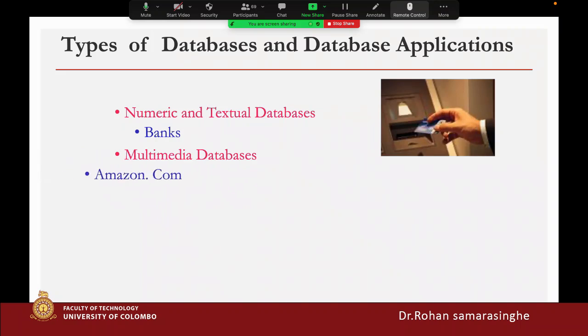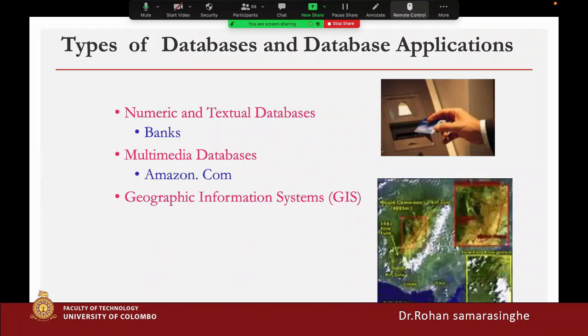Multimedia databases store, consider Amazon.com, they store multimedia, the images, video clips, likewise. And GIS systems, especially, this is very popular nowadays.